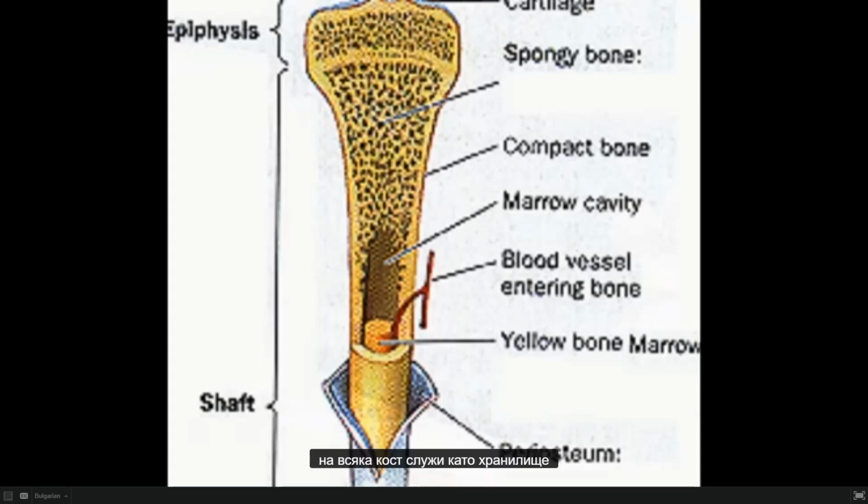Every bone structure is a depository bank for certain needs of the body at the point of the need. So the brain knows what it needs, when it needs it, and it has to guarantee its own survival.